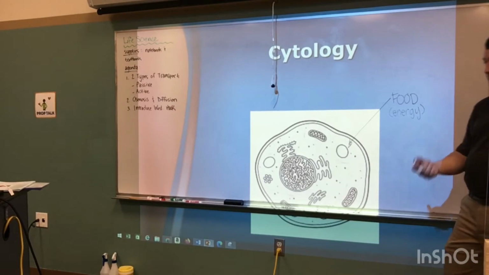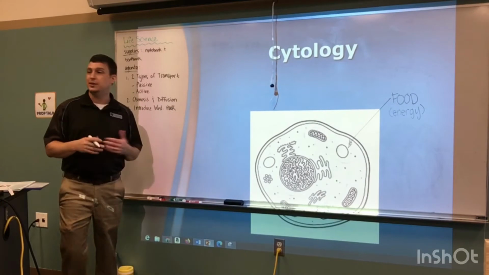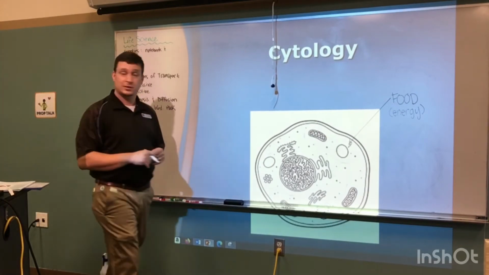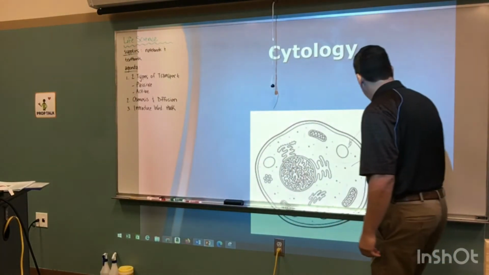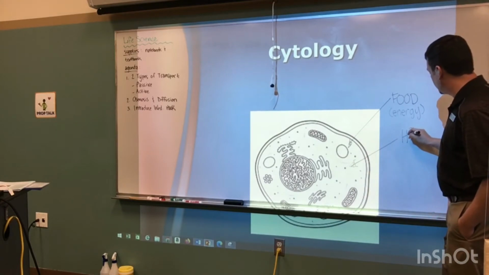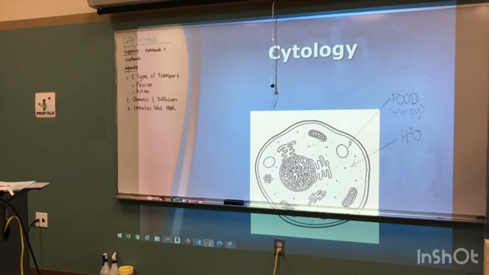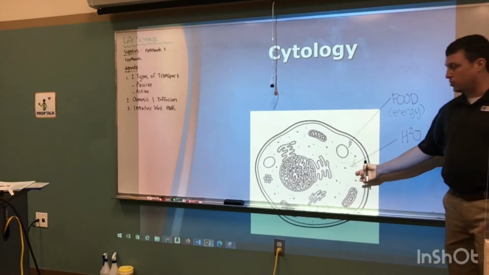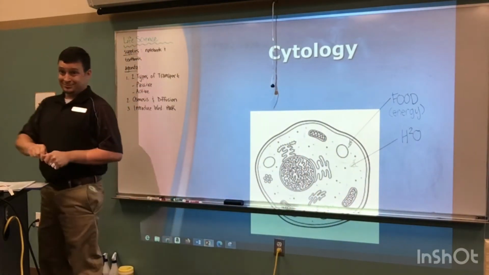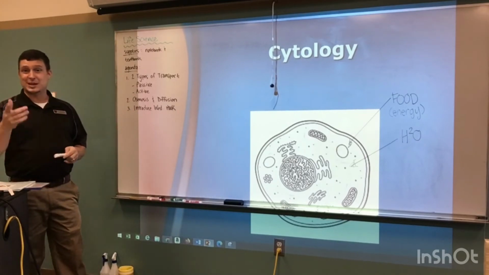Okay, great. Can anyone think of anything else that the cell would love to get inside? Water. That's pretty essential to life, isn't it? Absolutely. So let's draw in an arrow showing water, H2O. The cell needs water, doesn't it? So it's going to gladly let water in. Can you think of anything else the cell might really need?